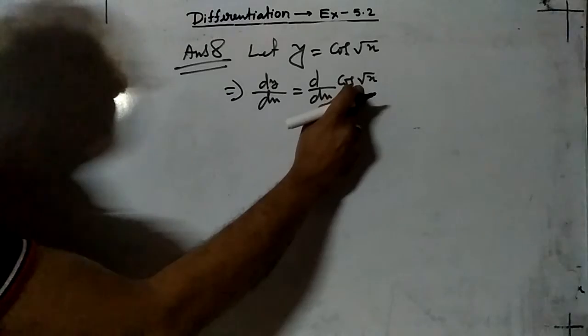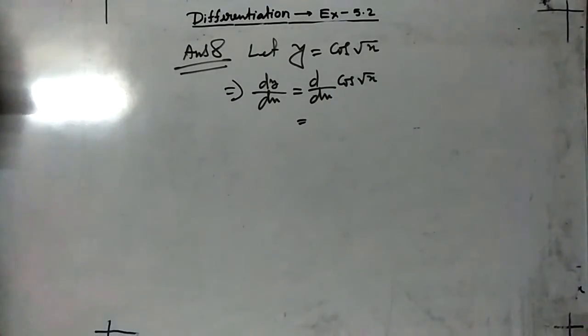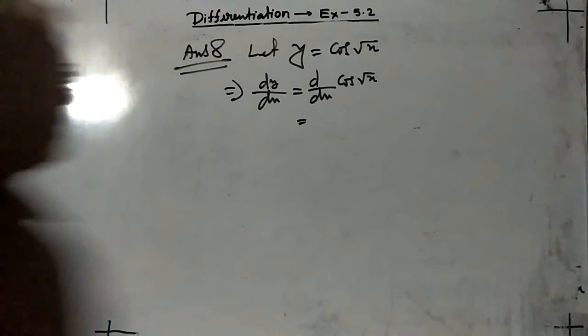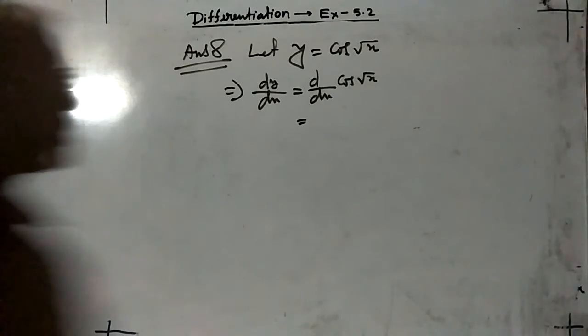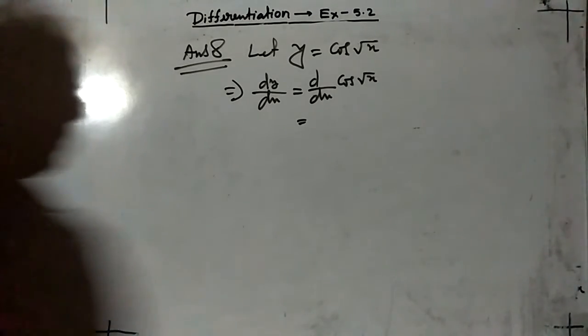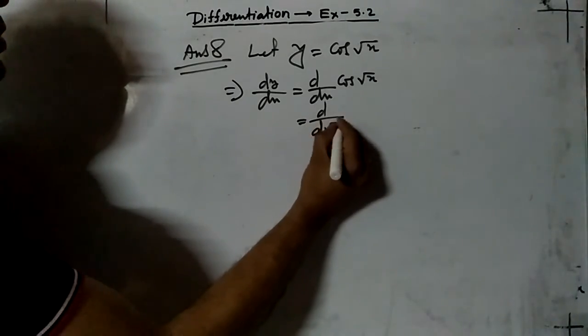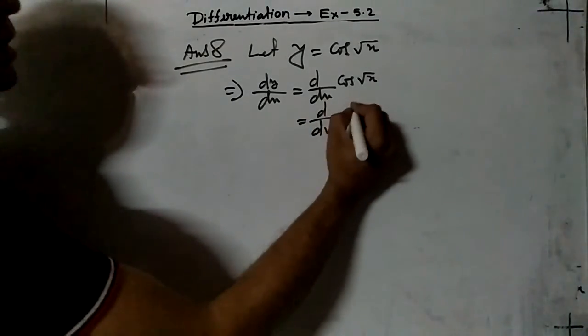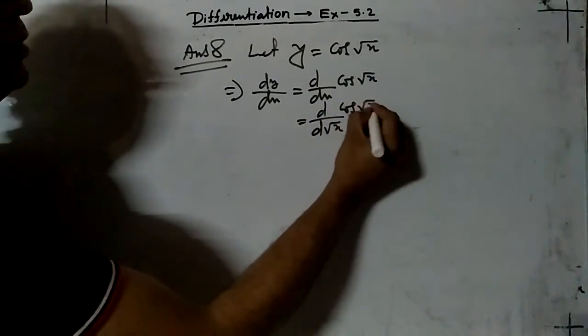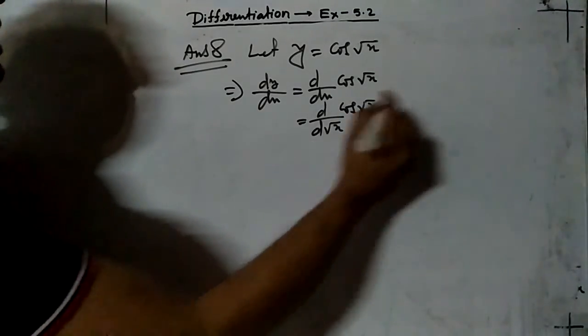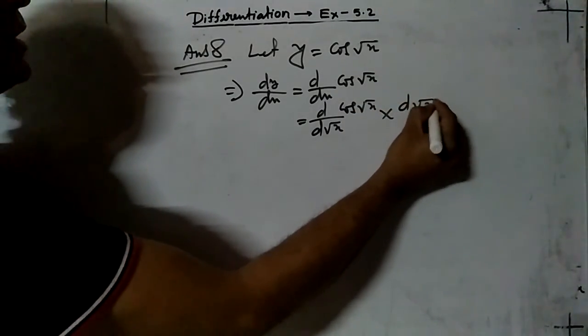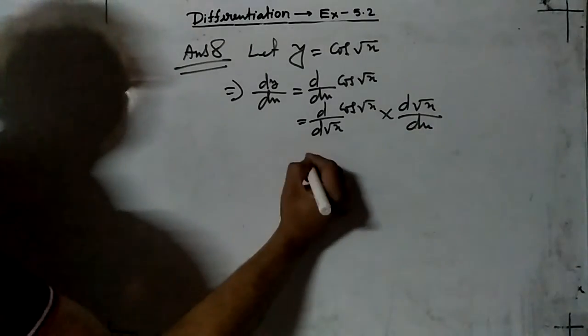Now if you differentiate cos x with respect to x, then we can write minus sin x. But here it is not cos x, it is cos root x. So we have to differentiate with respect to root x. Clear? If you divide by the extra, then you have to multiply by d root x upon dx.